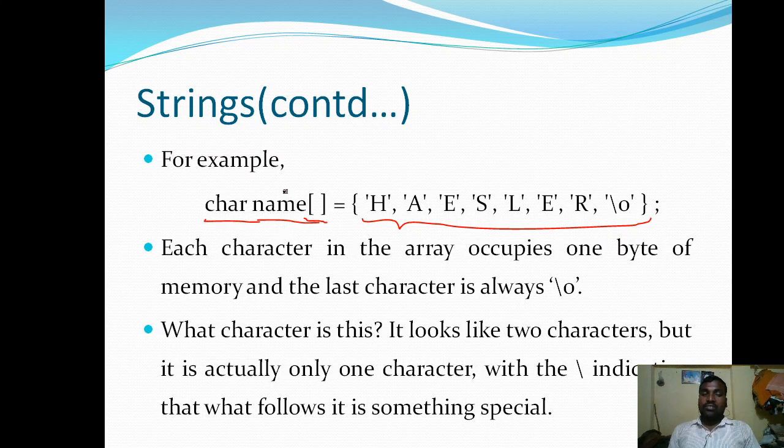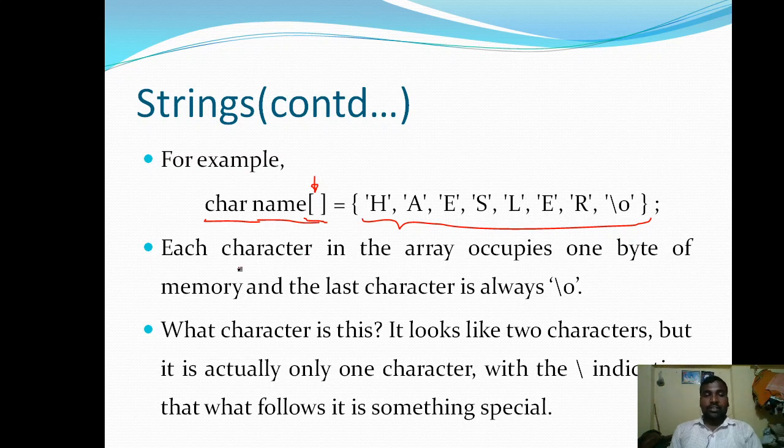One point that we have already discussed in the arrays concept is that if you declare an array and at the same time initialize it with some values, then there is no need to specify the size of the array. That's why here I am not specifying the size.